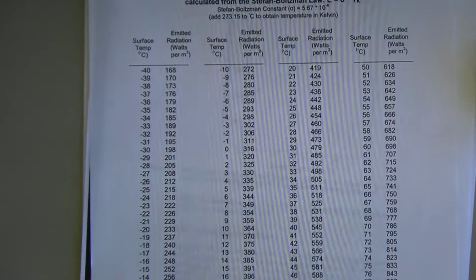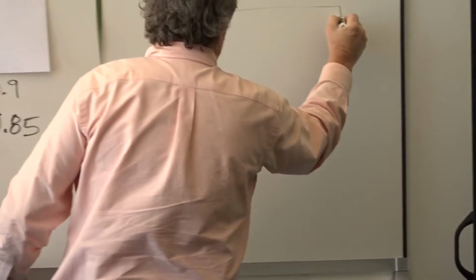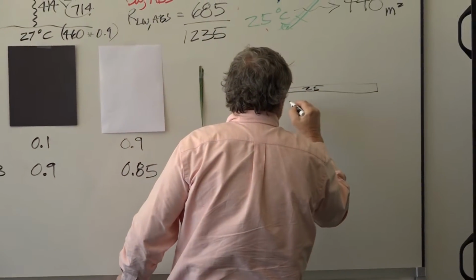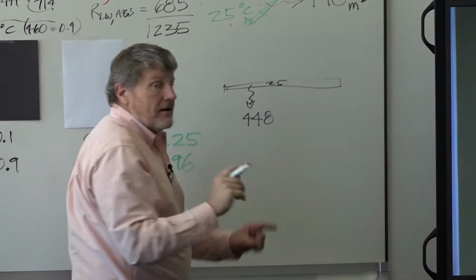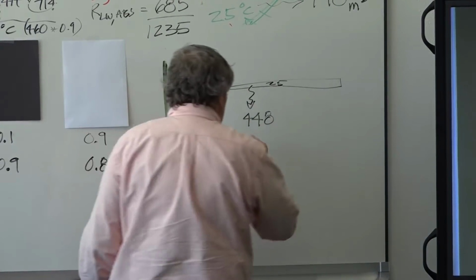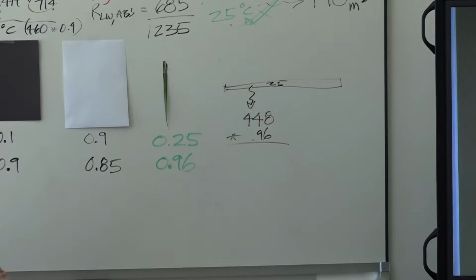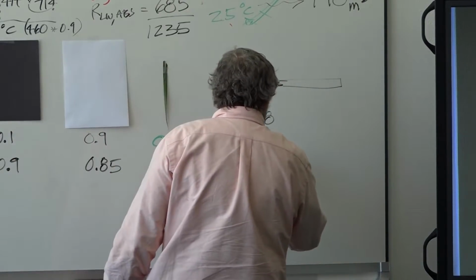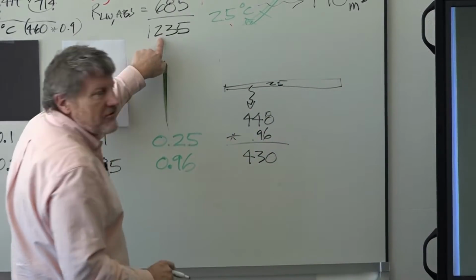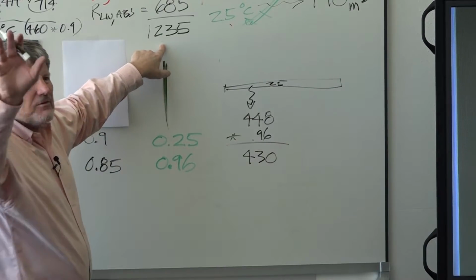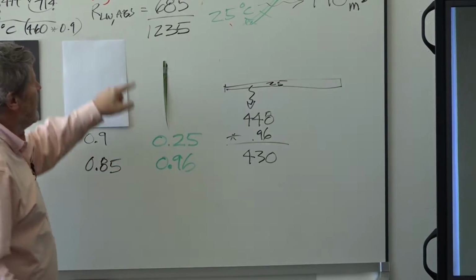Let's see, I'm going to put this over here. Here's a leaf, 25, 448 times 0.96, right? So it's a little less than that, 430. So you say, whew, good. We can subtract 430 from this, and the leaf doesn't have to evaporate so much water, but it gets even better than this.